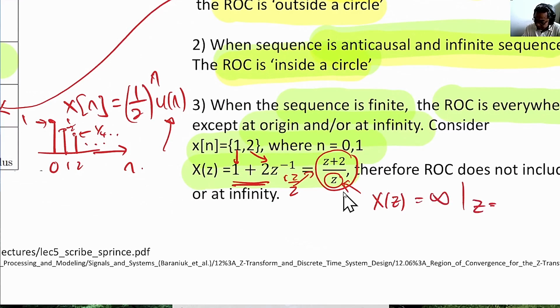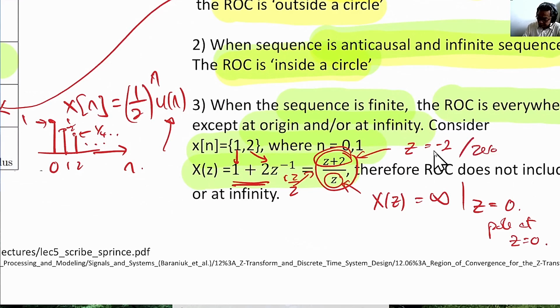So there is a pole at z equals 0. What about the zeros? When z is equal to minus 2, X(z) becomes 0. So there is a zero at z equals minus 2.